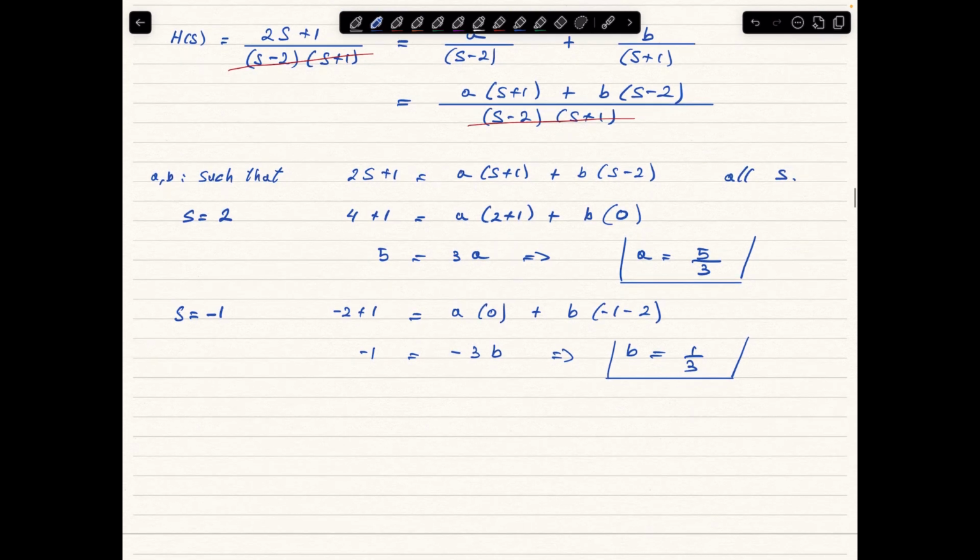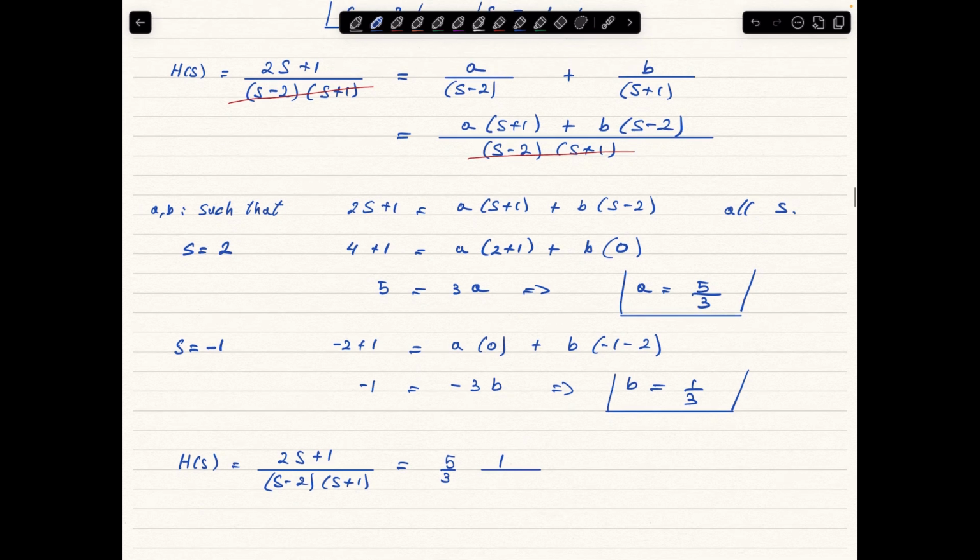So what we have found out is that h of s, that recall was equal to 2s plus 1 over s minus 2 multiplied by s plus 1, has to be equal to 5/3 times 1 over s minus 2, where a is the coefficient of this term, plus 1/3 times 1 over s plus 1.